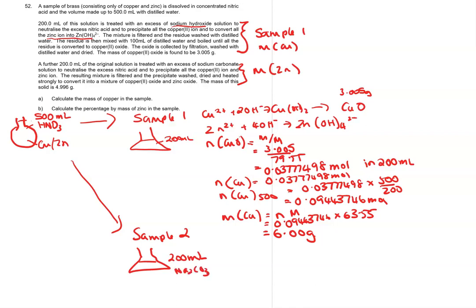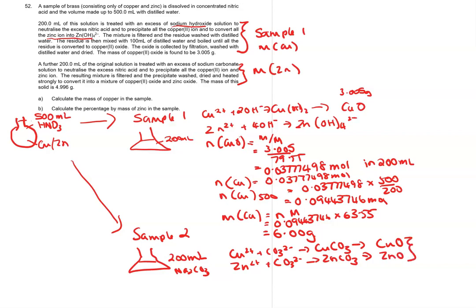So what this does is it actually precipitates to give copper carbonate, which is then heated and converted to copper oxide. And same thing with the zinc, we'd get a precipitate, which is then heated and converted to zinc oxide.